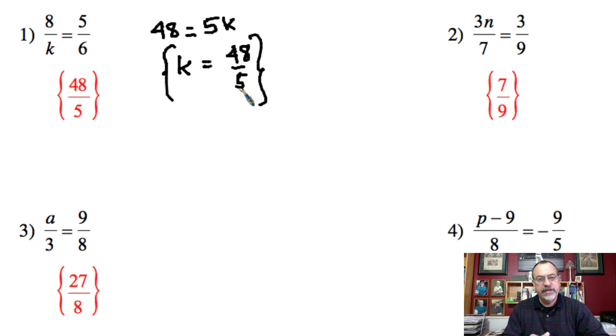The only time we would change this to a decimal would be if we're applying it to a word problem where we're actually determining the measure of something or the length of some item. In that case, the decimal answer or the mixed number answer is more appropriate. If we're giving the length of a picture, we wouldn't say the picture is 48 over 5 inches in length.